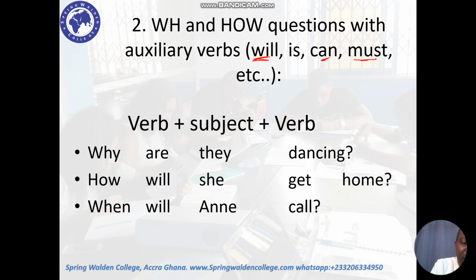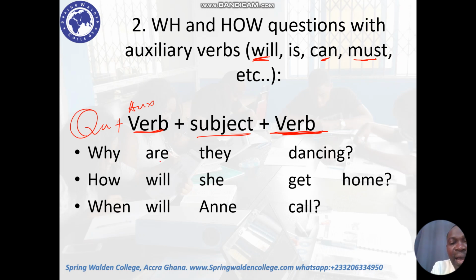In those situations we still use the question word first plus the auxiliary verb. Remember, the first verb after the question word is the auxiliary verb. It can be are, will, is, can, etc. Then followed by the subject, then we may have the main verb.